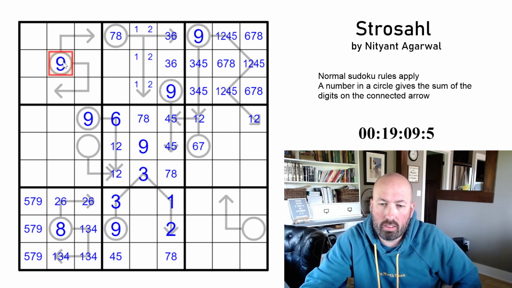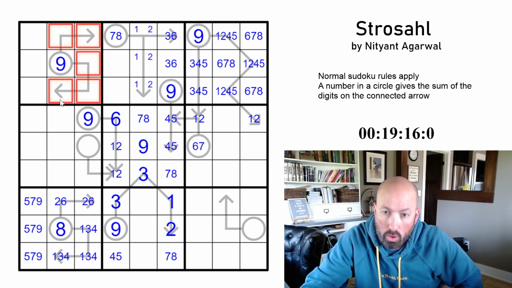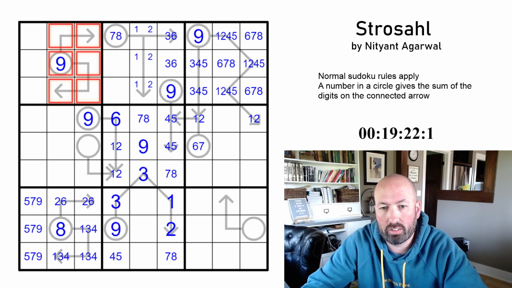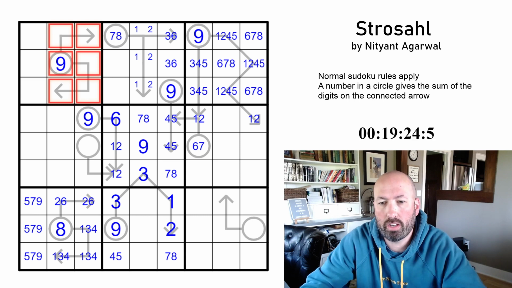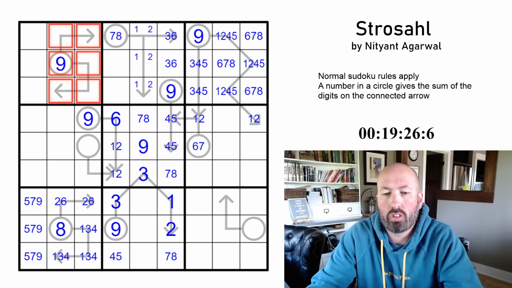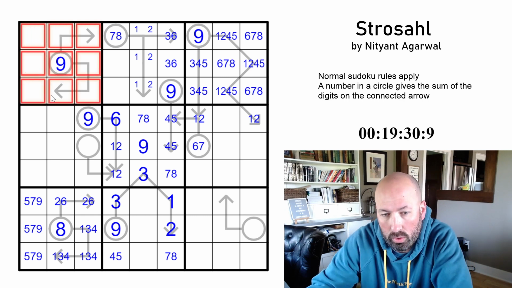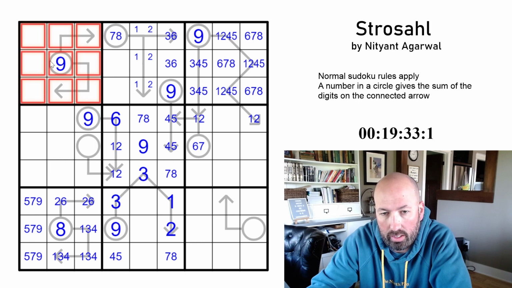So we said that these arrows had to be 2 times whatever's in this circle. So those arrows plus the circle are 3 times whatever's in the circle. So these 6 cells equal 27. 3 times 9. So if that's 27 and the whole box equals 45 because the sum of the digits 1 to 9 equals 45, these have to be 18.